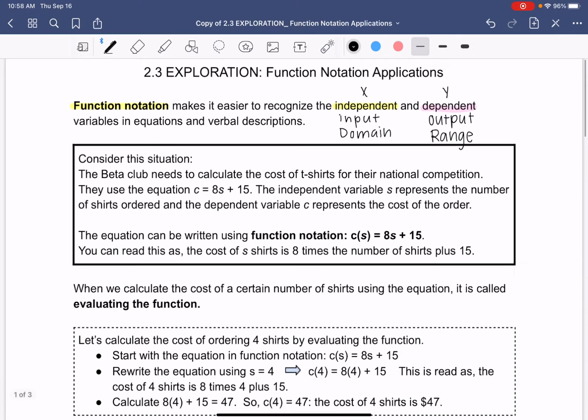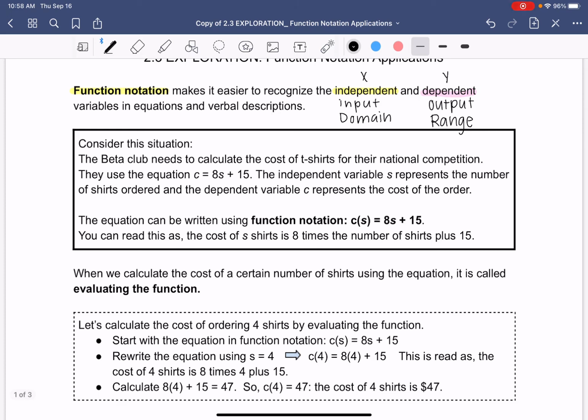Okay, so consider this situation. The Beta Club needs to calculate the cost of t-shirts for their national championship. They use the equation C equals 8s plus 5. The independent variable is S and represents the number of shirts ordered, and the dependent variable is C, the cost of the order.